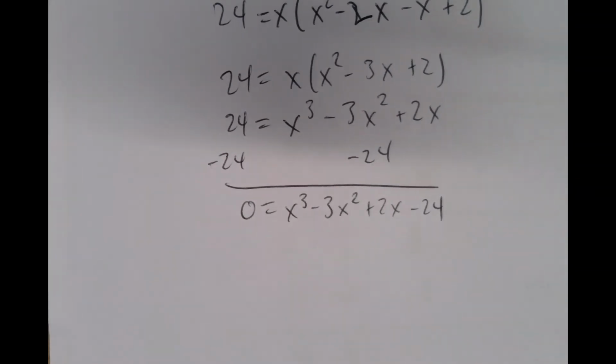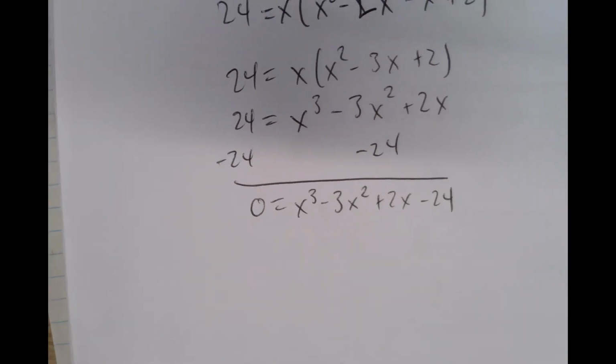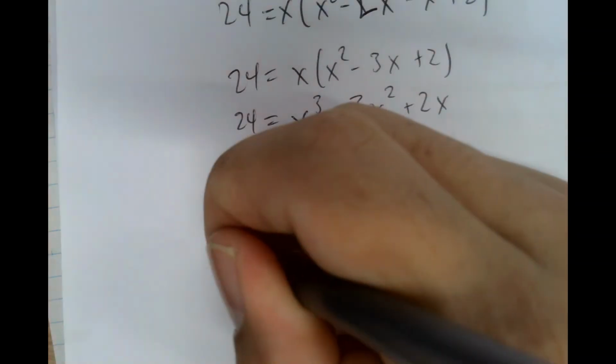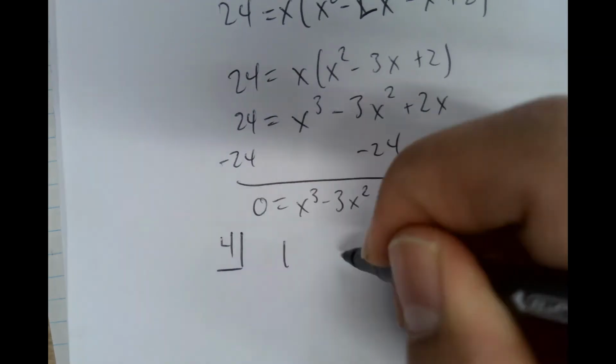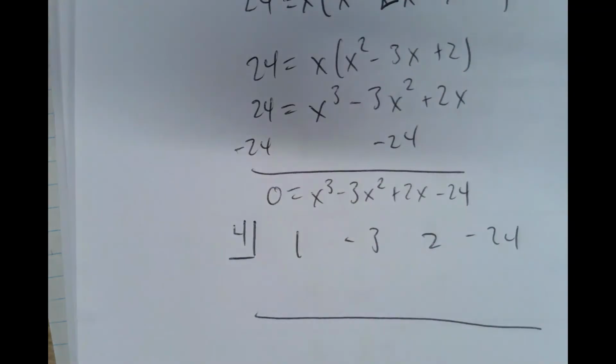Okay, so we can see that on our polyroot finder, we're really given one real root to try. So we're going to first use synthetic to solve for it. So the only root we're given is 4. So we're going to go ahead and use synthetic to test whether there are other roots.